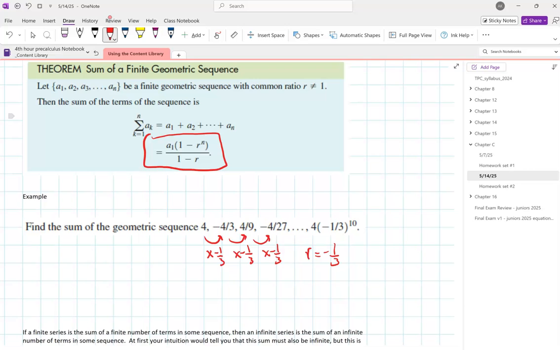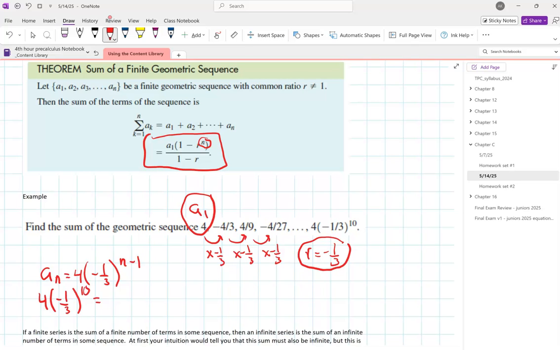Okay, so I need the first term, I got that. The r, I got that. What I still need is the n. So I'm going to start by writing the formula for the sequence, and then I'm going to plug in the nth term and solve for n.